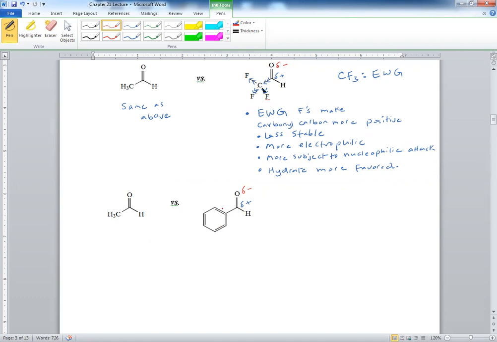So it's going to donate them by resonance. So let's draw just one resonance structure here.